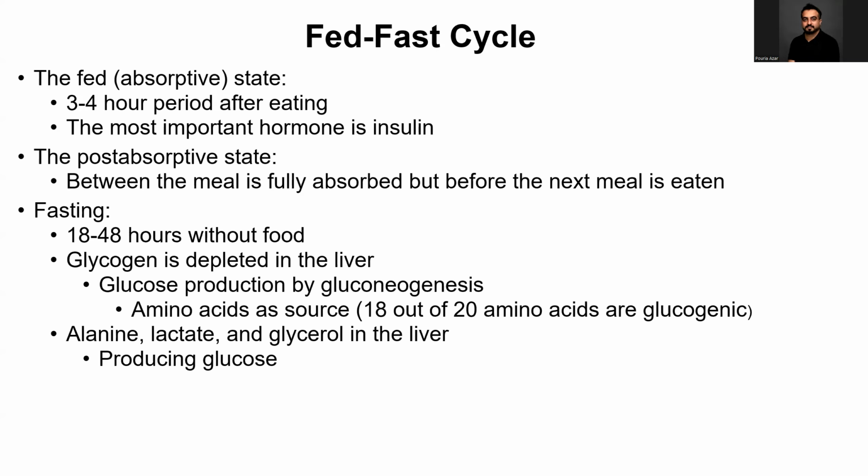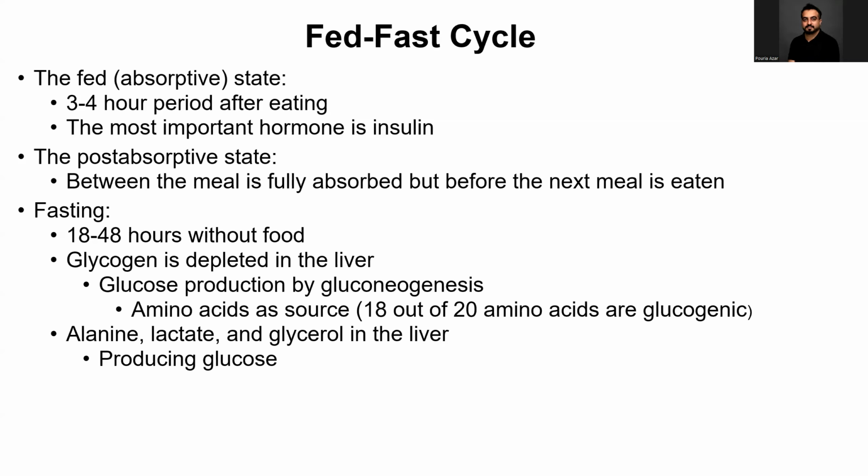The glycogen, which is the storage form of glucose, is depleted in the liver. So when we have a depletion of glycogen, our body, especially in the liver, produces glucose by gluconeogenesis, with amino acids as a source of glucose.